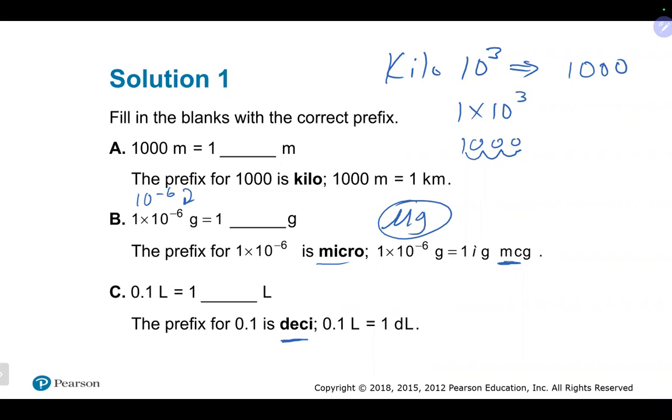In each of these cases, this would be kilometers, this would be micrograms, as it looks in your book, and this is deciliters. Once again, pull from that table how much there is in the base unit for each of these to one of the prefix units. So that's really important.